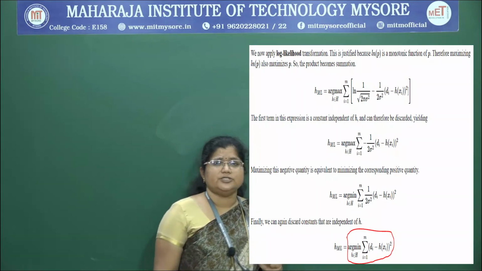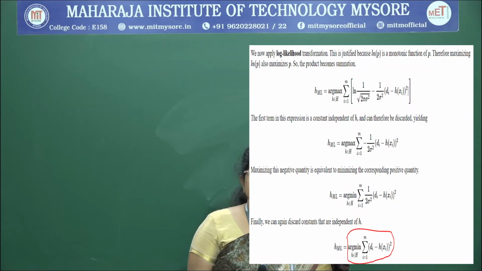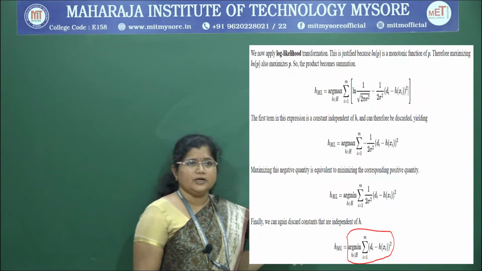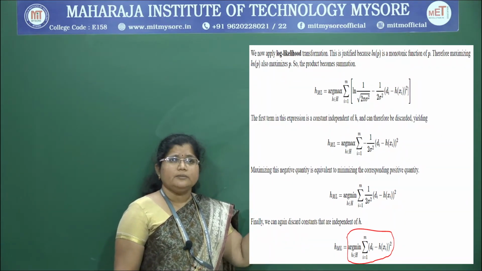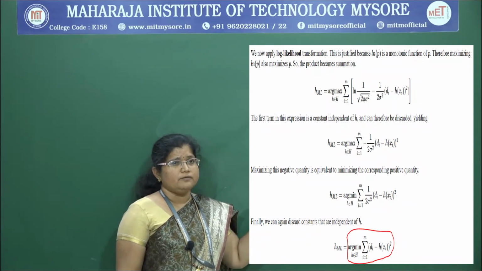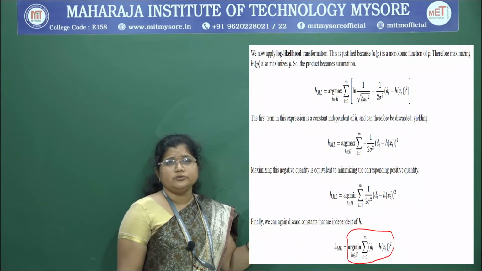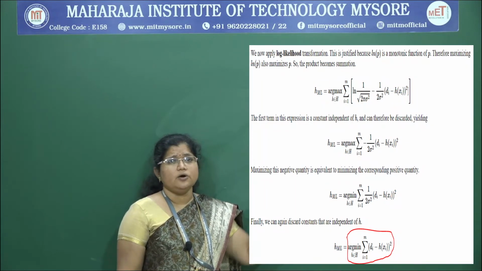By this equation, maximizing the negative quantity is equivalent to minimizing the corresponding positive quantity. Rewriting the equation, HML is equal to argmin h belongs to H, summation of i equal to 1 to m of 1 divided by 2 sigma square multiplied by di minus h of xi the whole square.